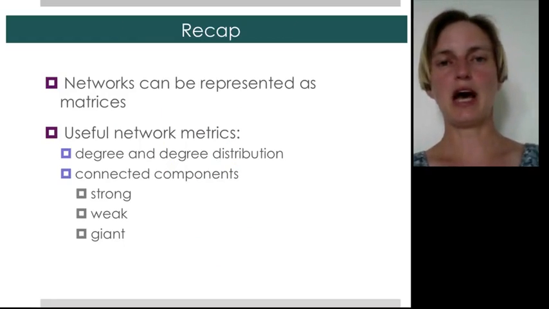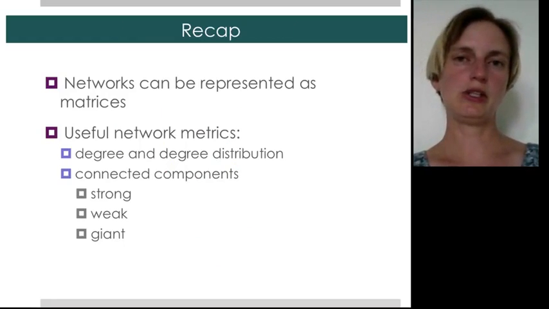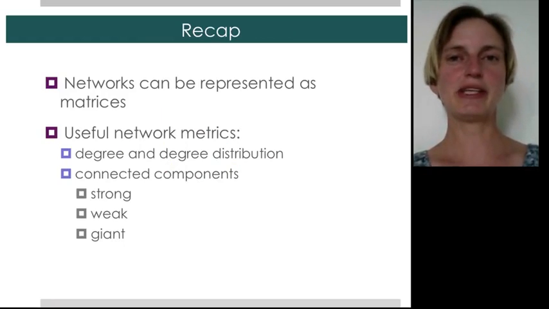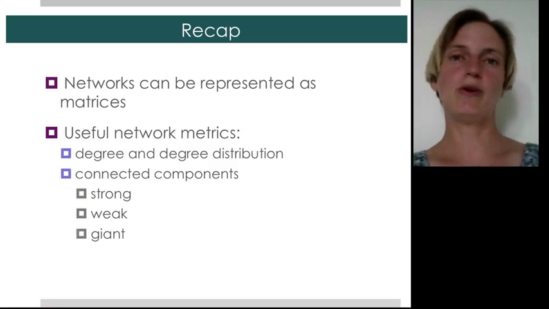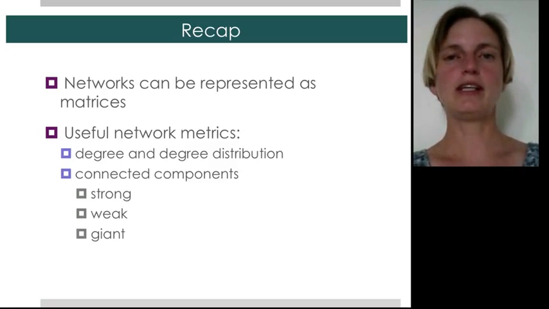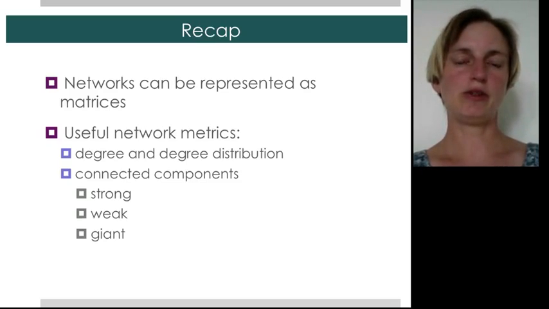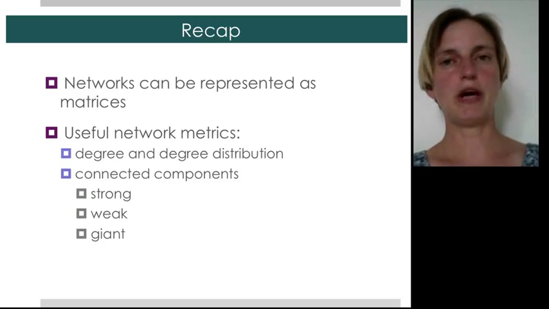So just to recap, what we showed in this mini lecture is that networks can be represented as matrices, or adjacency lists or edge lists. And we talked about useful network metrics that we're going to start out with: the degrees of the individual nodes and the degree distribution of the network overall.